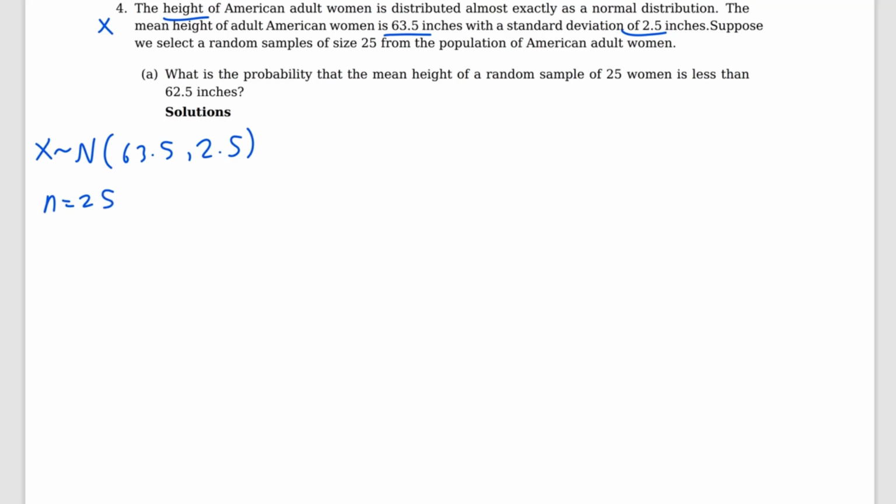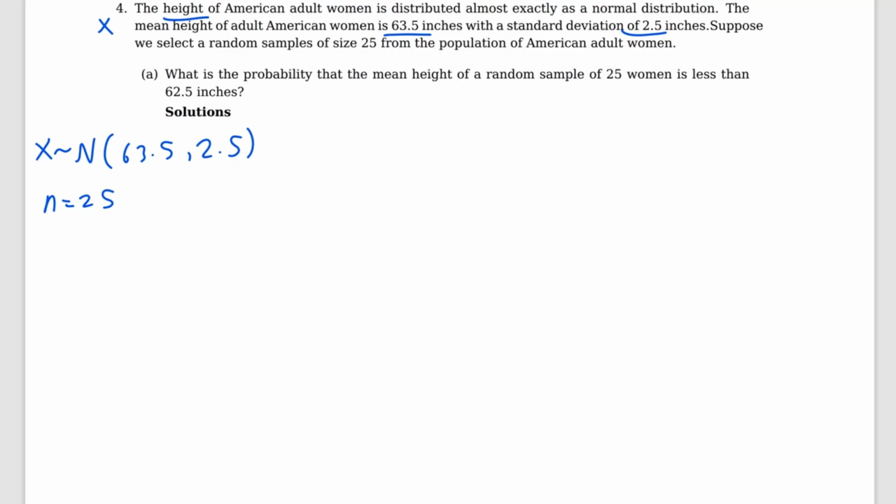women. What is the probability that the mean height of a random sample of 25? Again, they are not asking what is the probability of height. They are asking probability of mean height. Understood the difference? Yeah, if they were asking probability of height, then we know x.